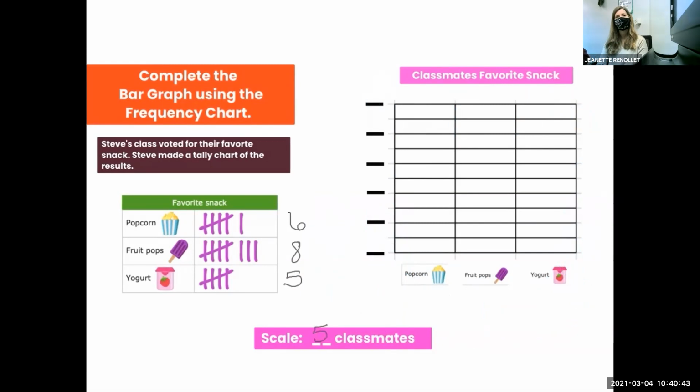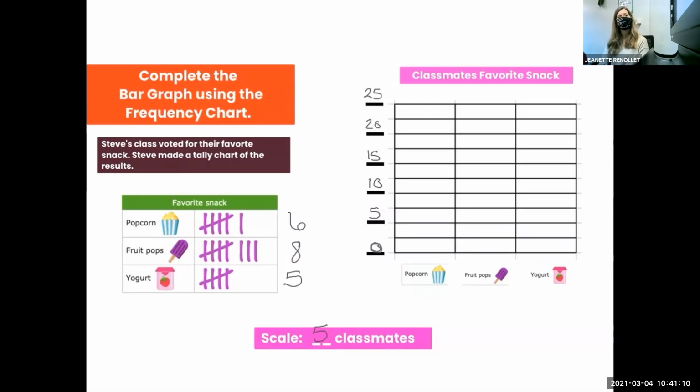As I make my chart, my bottom number, the one right here, is always going to be a 0. Remember, our graphs always start at 0. And I'm going to count by my scale, which is 5. So I've got 0, 5, 10, 15, 20, 25.